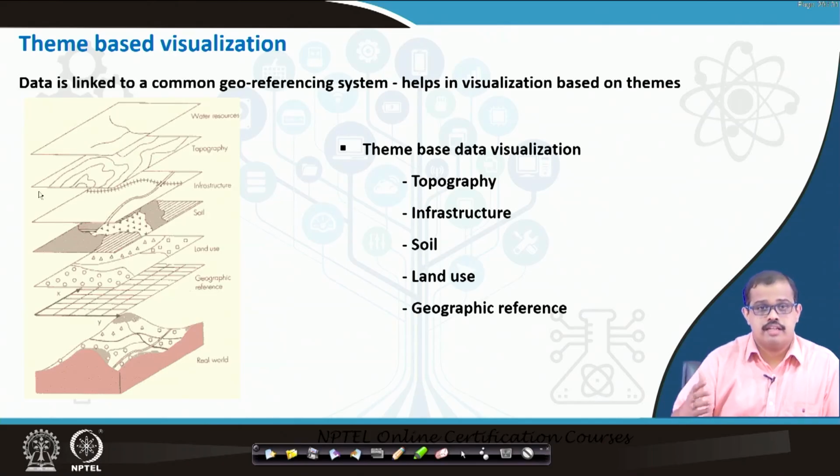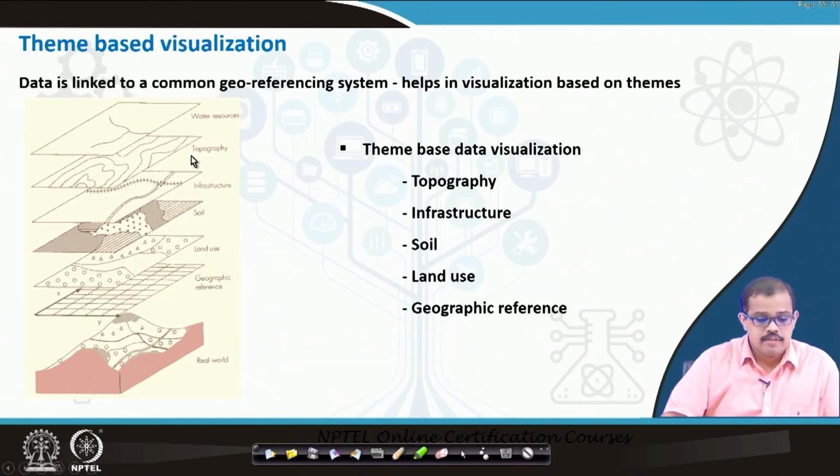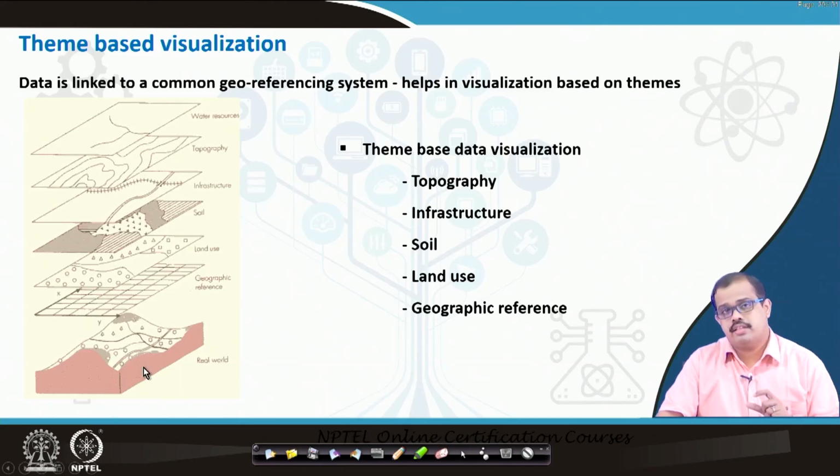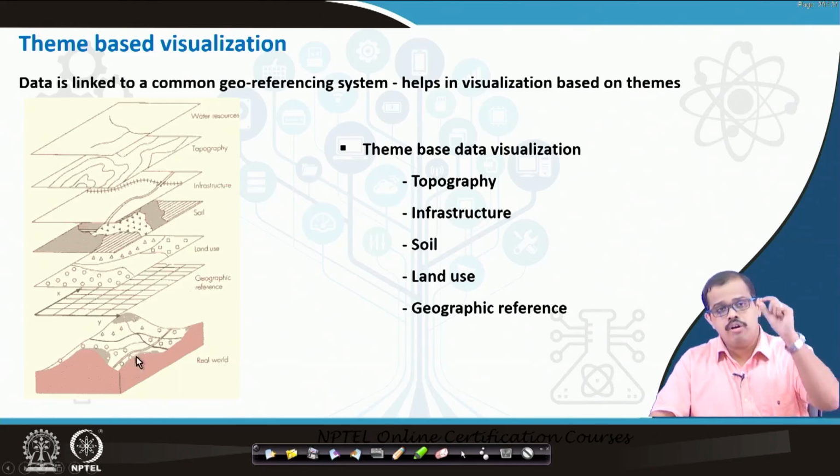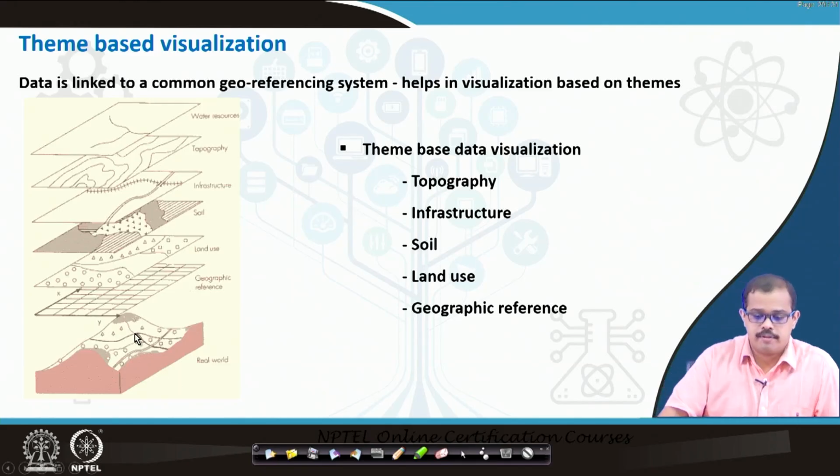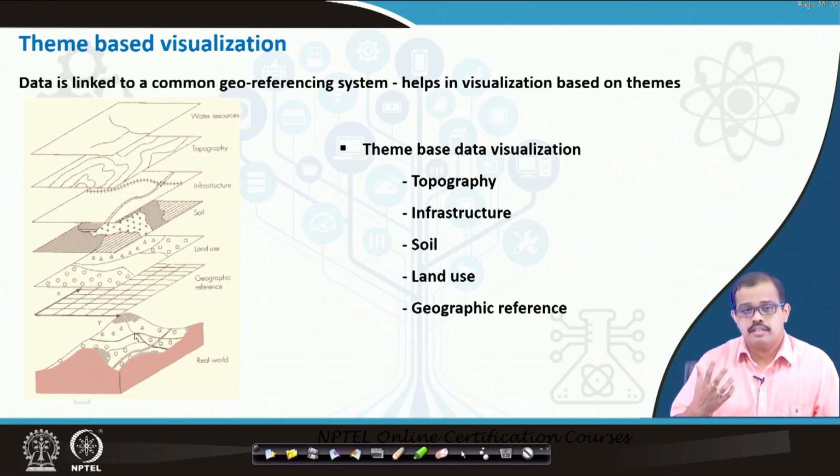Then the topographical analysis. When you see this, all this data are linked with a common geographic reference, which actually helps in theme based visualization, theme based analysis, theme based outputs.